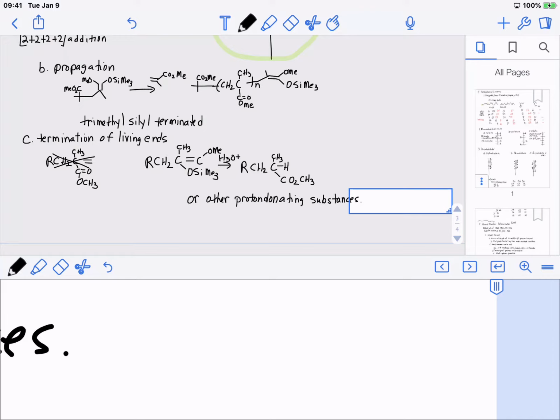Okay, and so if you can make a material like this, you can make a block copolymer.